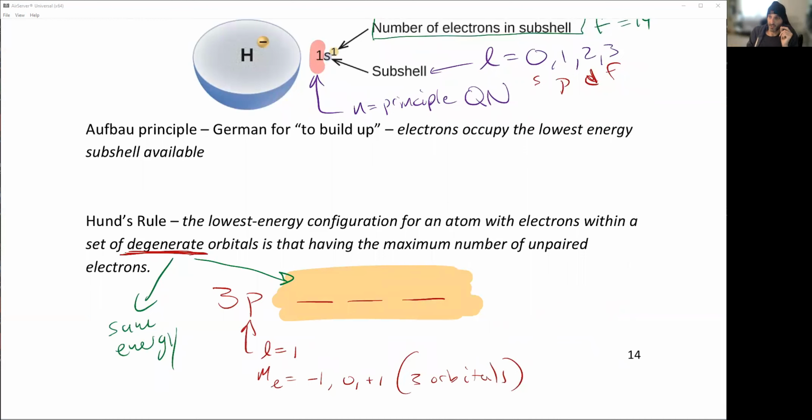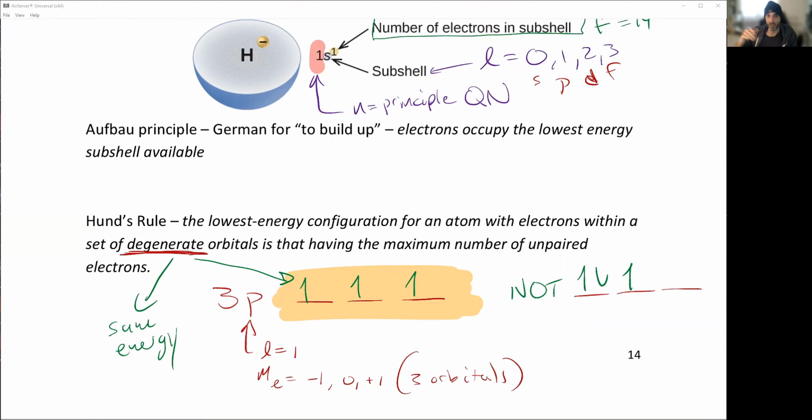So the lowest energy configuration is where electrons have the maximum possible number of unpaired electrons. So when you're filling this, that is what it looks like. I'm not going to pair up electrons in a degenerate orbital until I fill up the individual ones.